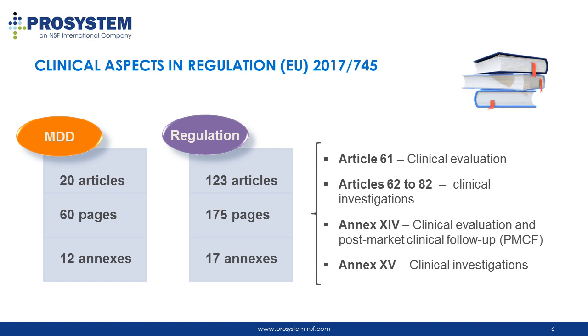Article 61, which deals with clinical evaluation, Articles 62 to 82, and Annex 15, which address clinical investigations, and Annex 14, which focuses on clinical evaluation and post-market clinical follow-up. We won't discuss all of them in detail, but I will always indicate in the next slides where the information comes from.